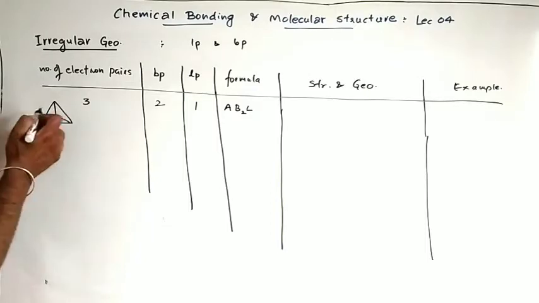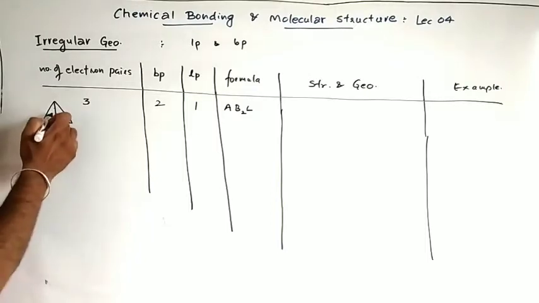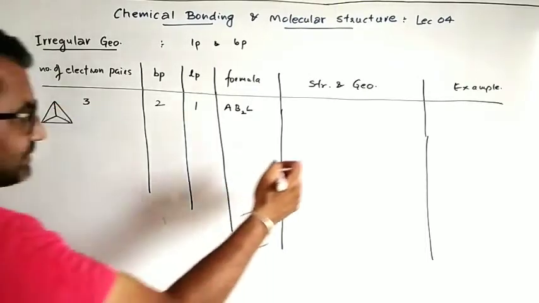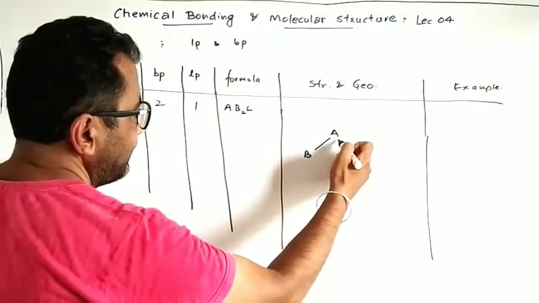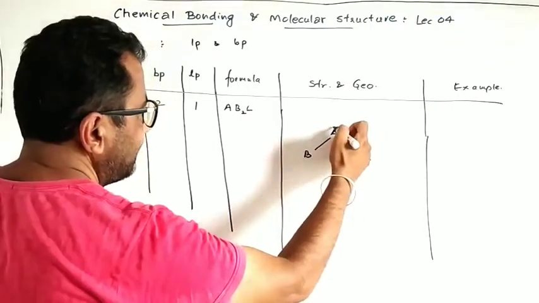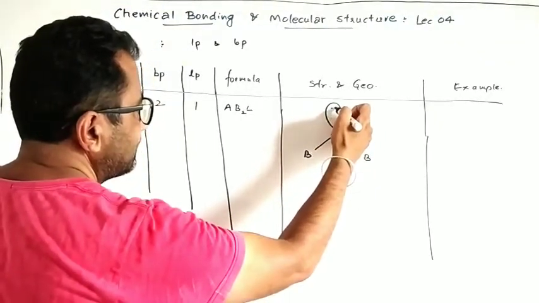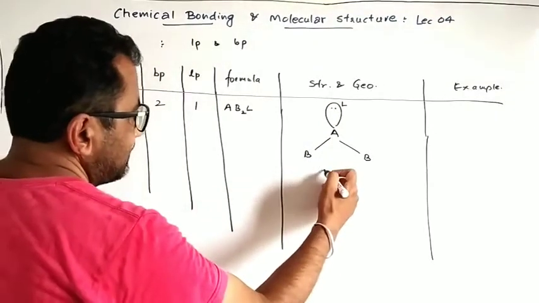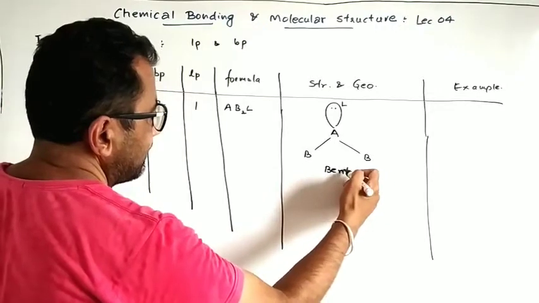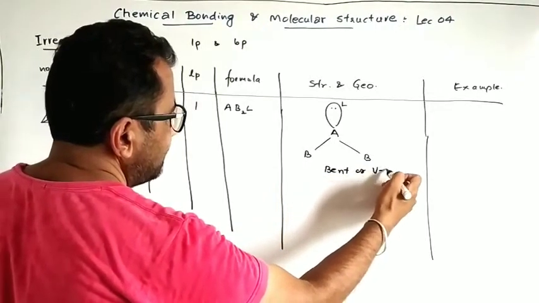Out of these 3, make this upper one a lone pair. So you draw the structure like A, B, B, and this is your L, representing the lone pair. So now this is a bent geometry, or it's V-shaped.